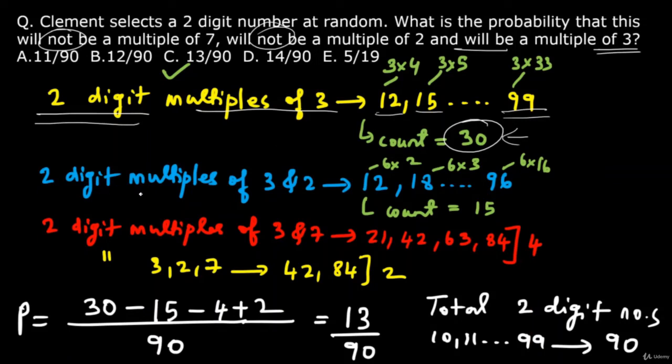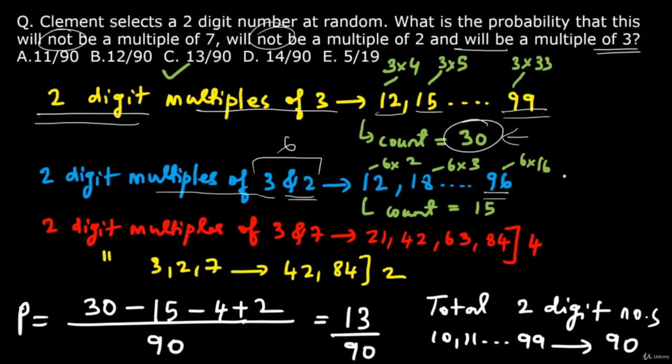Alright. Now how many numbers are there that are multiples of 3 and multiples of 2? Because they should not be multiples of 2, we need to subtract them from 30 to find the actual favorable cases. Multiples of 3 and 2 is nothing but multiples of 6. The first 2-digit multiple of 6 is 12, and it goes on till 96. How do you find this 96?